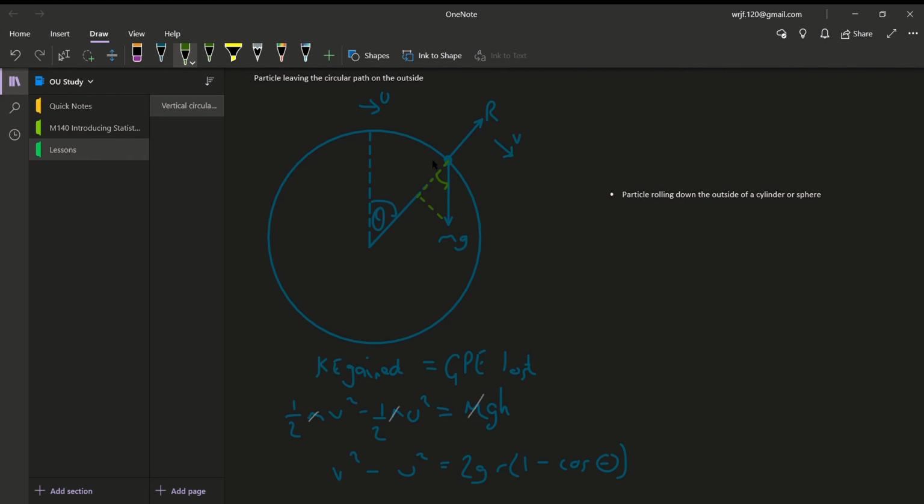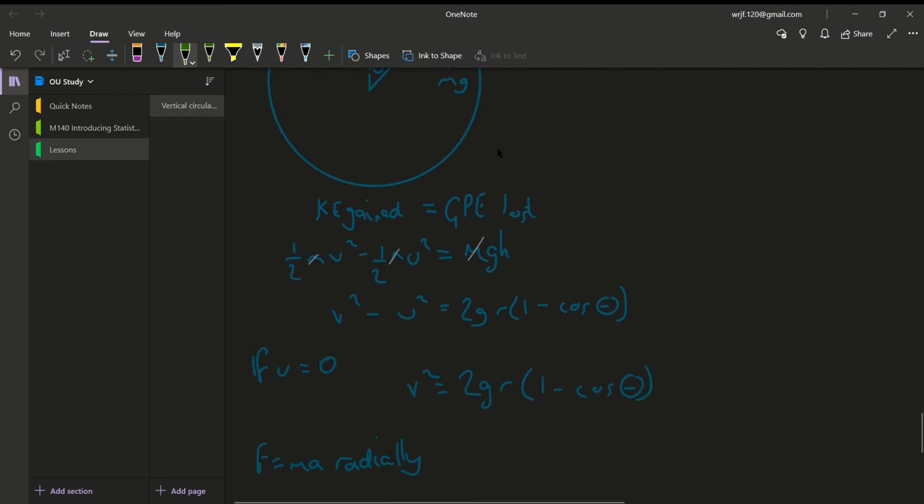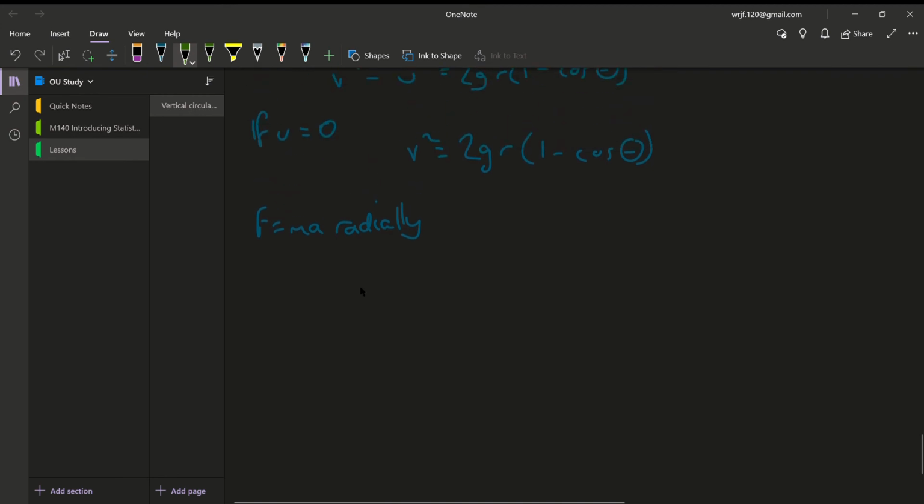And for the radial component, we want the adjacent side of this right angle triangle we're splitting our weight up into. And so we need the cos theta component to be the radial thing. So we're going to have mg cos theta directed towards the centre of the circle, and we've got R directed away from the centre of the circle, and that gives us our resultant force in our F equals ma equation to be mg cos theta minus the normal reaction.